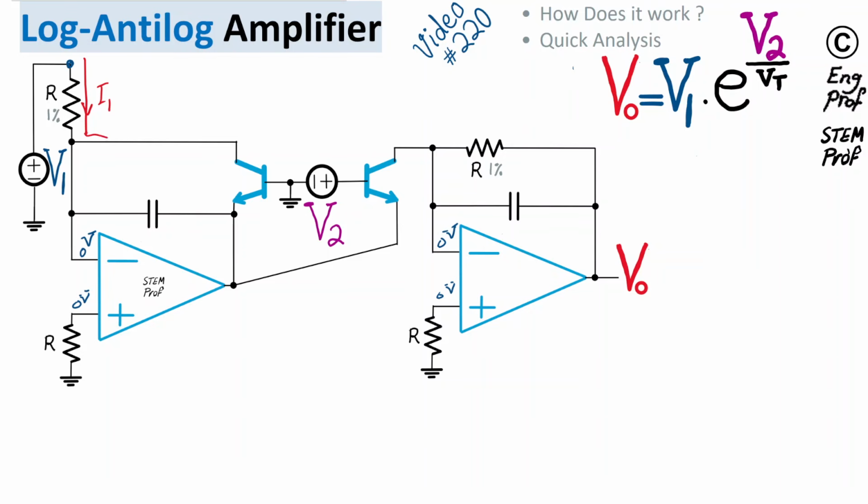It can only go this way. The only reason we have these very small, let's say 1 nanofarad or even less, caps is just for practical purposes of stability. So they don't have a contribution at the target frequency of operation. These are basically very large impedances, so we don't consider them.